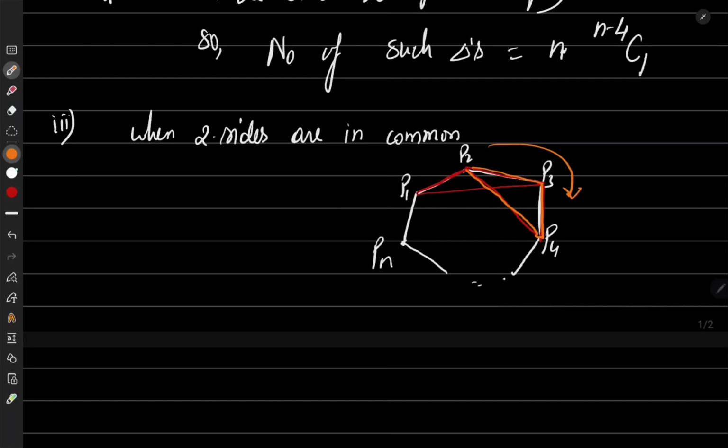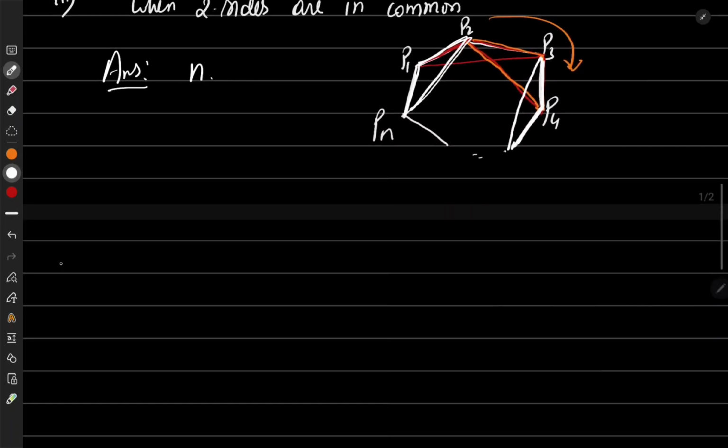Again, you can take the sides, this one and this one, as two sides common, again one triangle will be formed. In this way you will keep shifting up to n sides, correct or not? Up to the nth side, up to here, then the last triangle will be formed, this one, where this and this side are common. So n shifts will be there, means n such triangles we can form. Okay, so very easy it is. Answer is n, directly writing.